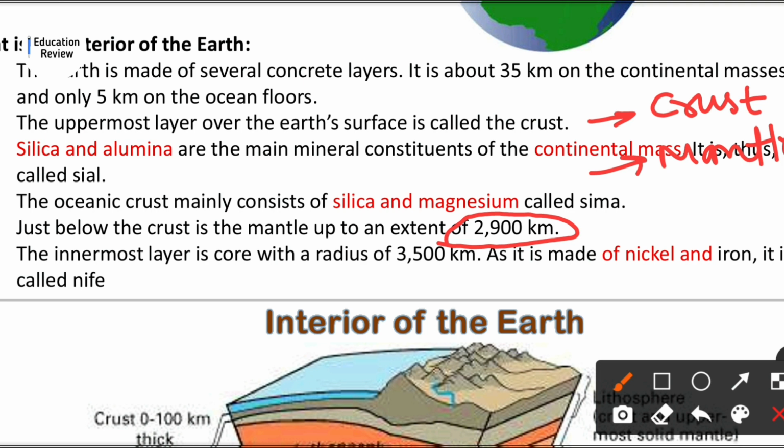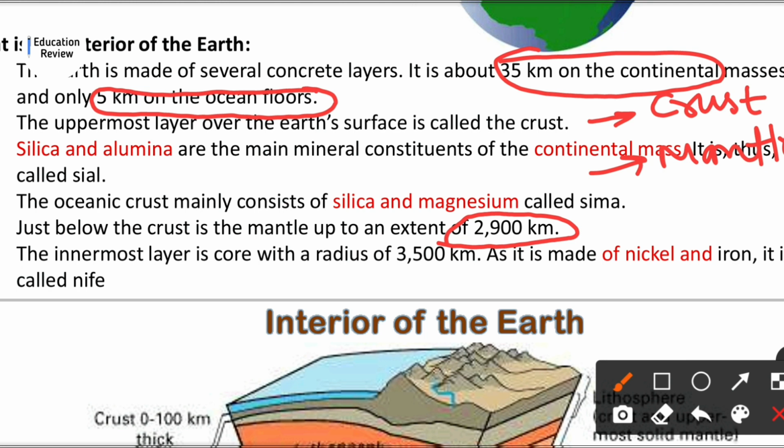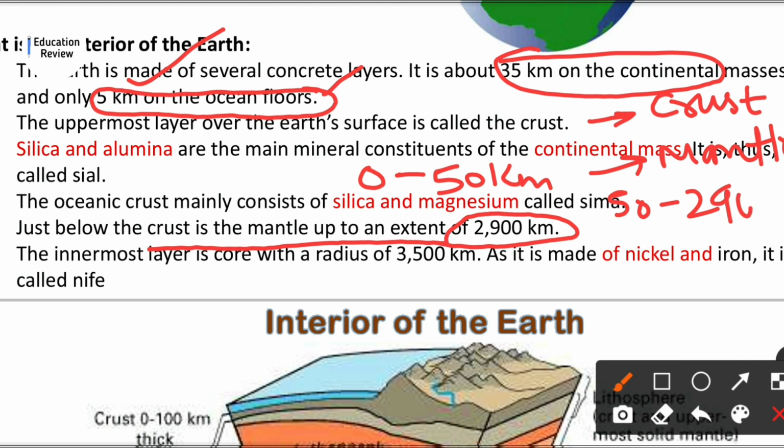We have seen crust thickness is about 35 kilometers at continental mass, and below the ocean, I mean ocean floors, the thickness of the crust is only 5 kilometers. Below crust, mantle up to an extent of 2900 kilometers. 0 to 50 kilometers is crust, and 50 to 2900 kilometers is mantle.